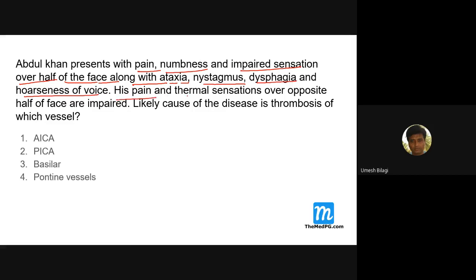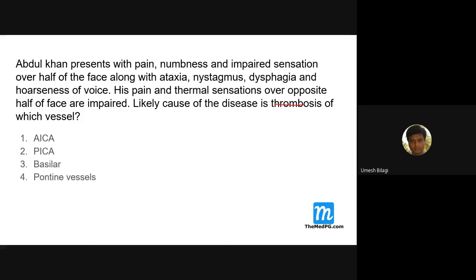His pain and thermal sensations over the opposite half of the face are impaired. So pain is on the opposite side, and the rest are on one side. That's what they're telling you.